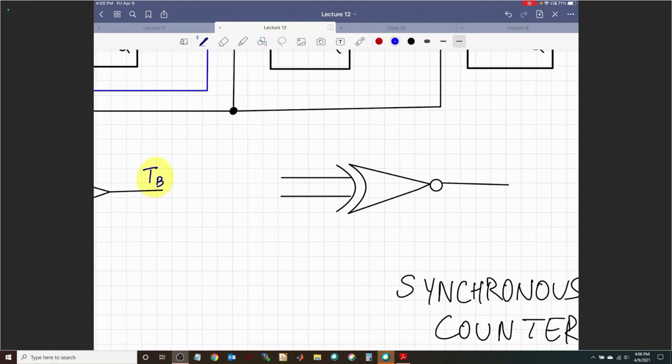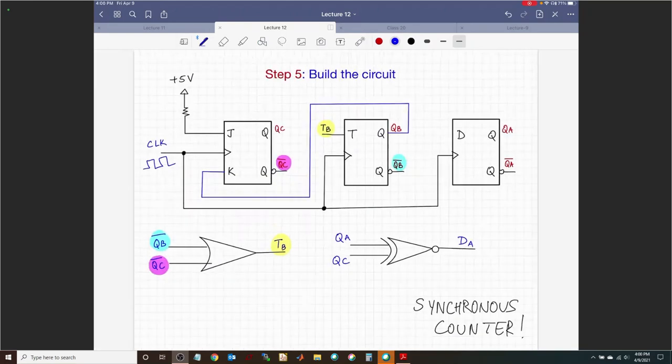This one will be DA, and then this will be QA, and then this will be QC. Let's color code it. Maybe all of them green. This one will be QA. This one will be QC. And this one will be your DA.